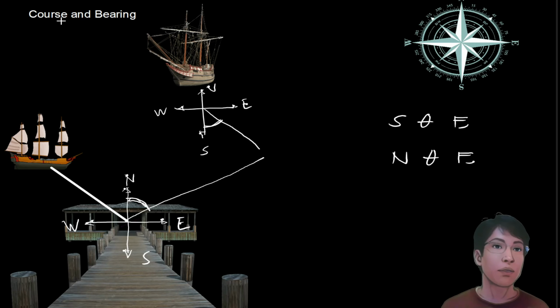Now, again, course is where you are going. Bearing is the position of another object to the observer. So let's have a sample problem.